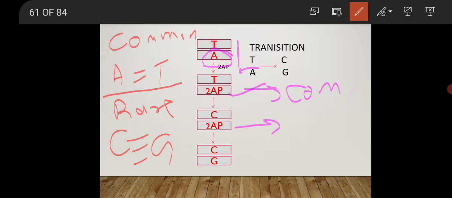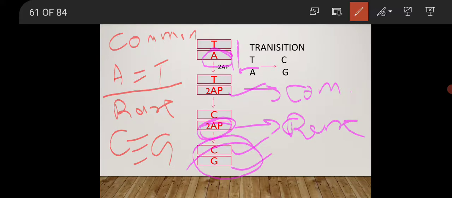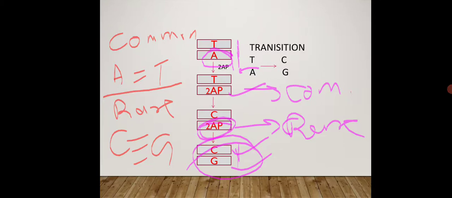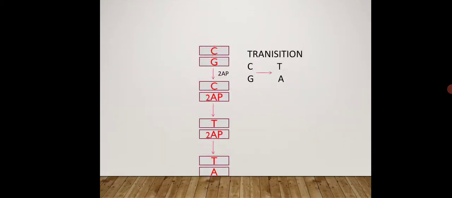So here cytosine is attached, and we know that complementary pairing applies, so to the cytosine, guanine is attached. We have to remove this 2-amino purine because we know it is the mimic form, so it is replaced by guanine. So from AT there is conversion to GC. This is the simple mechanism of 2-amino purine. In the same way you can convert from CG to AT. So this was all about the base analog. Hope it will be clear to you. Thank you.